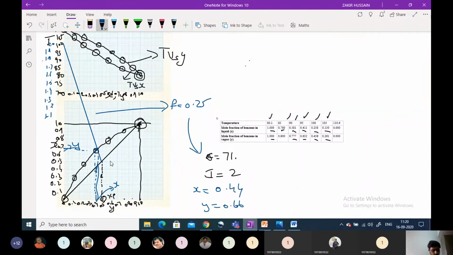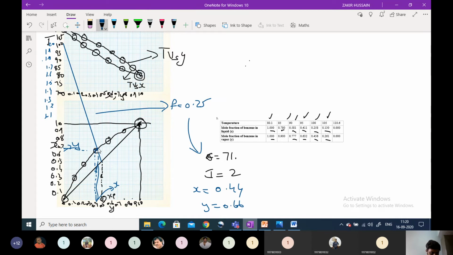So these are the x values. The same point we need to project. This point where the operating line touches needs to be projected here. So T versus x, same points.